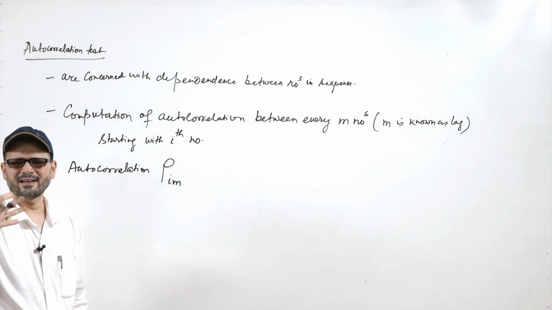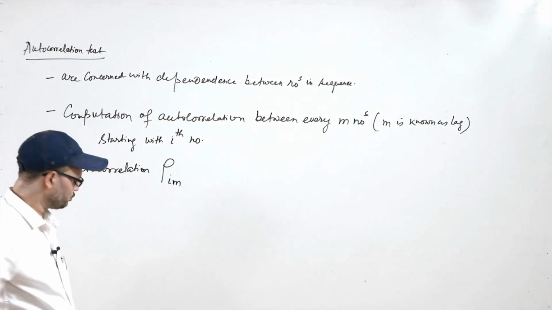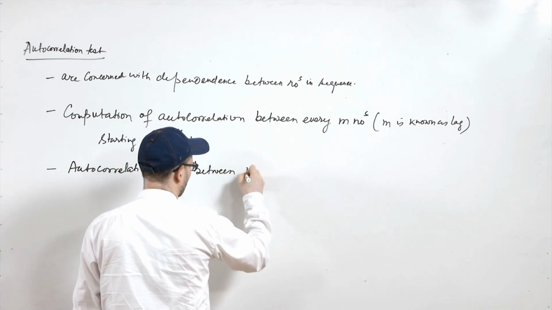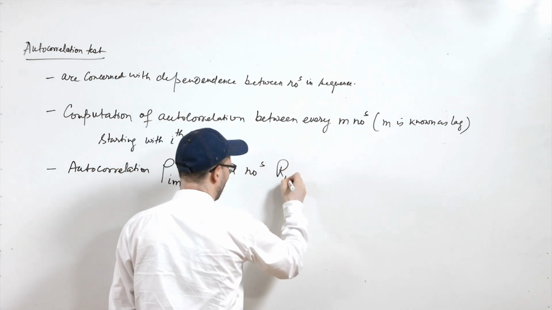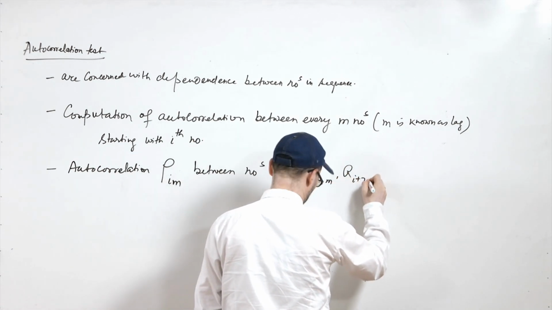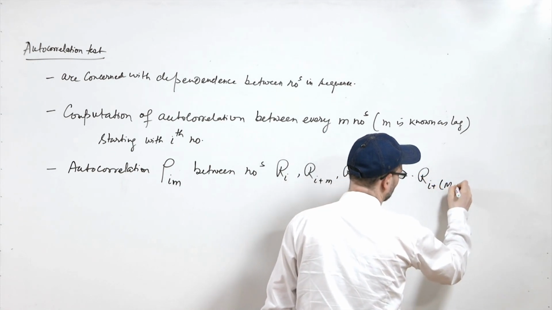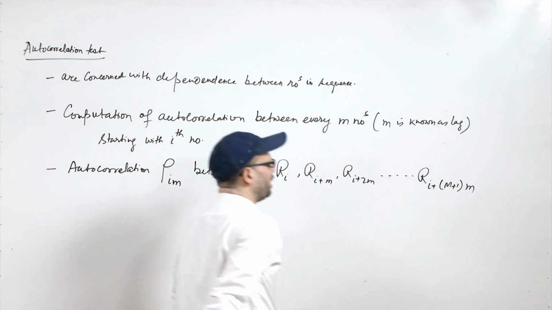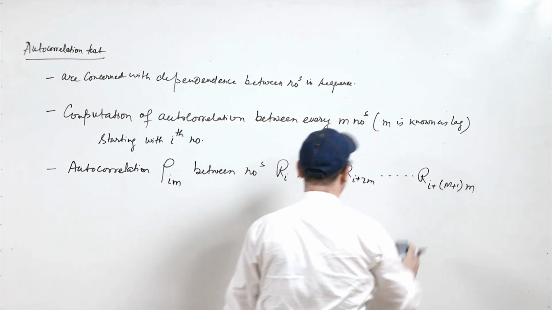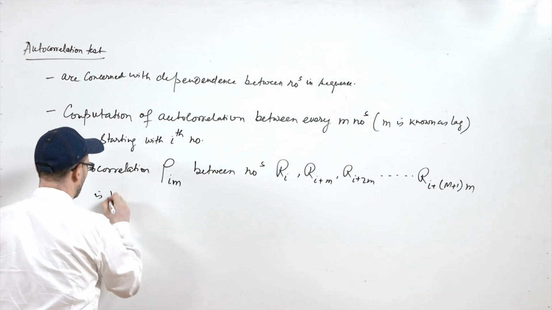So, between numbers R i plus m, R i plus 2m and so on, up to R i plus (M plus 1) into m, is to be found.